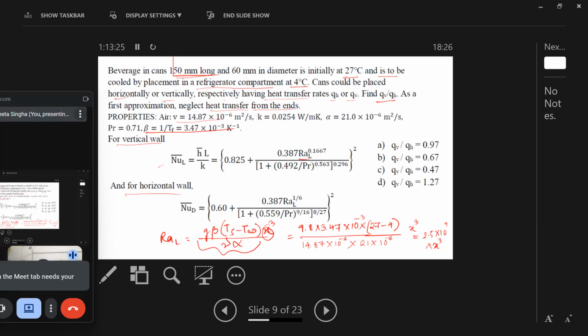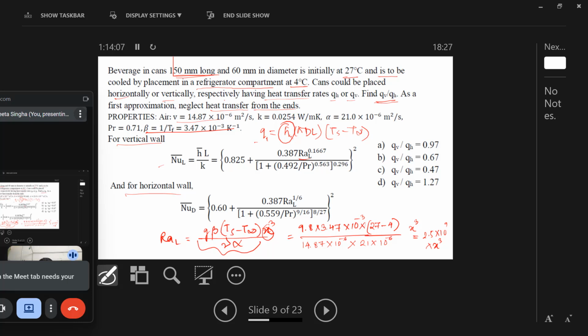Okay. Now we were asked to find out QV by QH, that means vertical by horizontal. So if we see, Q is equal to hA delta T, right? So A is pi D L, delta T, Ts minus T infinite. For QV, this will be HV. For Q horizontal, this will be H horizontal.